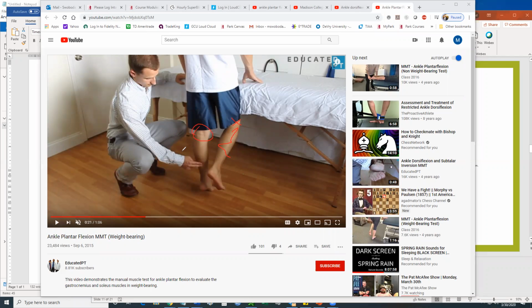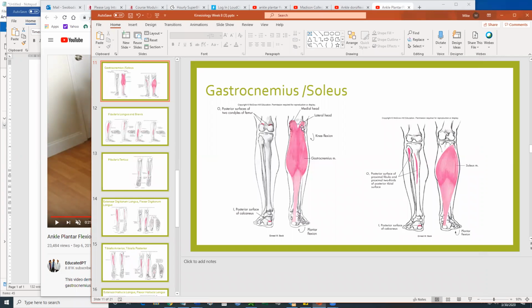The whole reason you do that is to make sure that you have your gastrocs moving. Your gastrocs is only going to move if your knee is straight. If your knee is bent at all, it takes plantar flexion out from gastrocs. It'll still work, but it doesn't actually fire its main muscle belly if the knee is flexed.